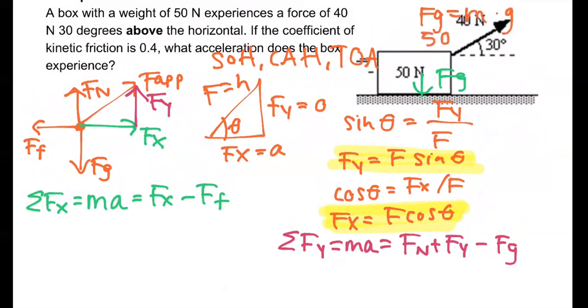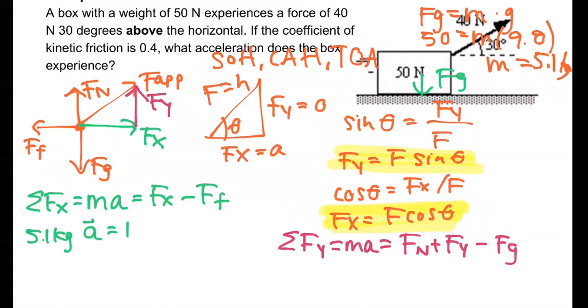So 50 is equal to my mass times 9.8, which means my mass here is going to be equal to 5.1 kilograms. Sorry, I ran out of room on the edge. So I'm going to get 5.1 kilograms times a, which is what I'm solving for, equals Fx, so I'm going to plug in that F cosine theta, minus force friction.